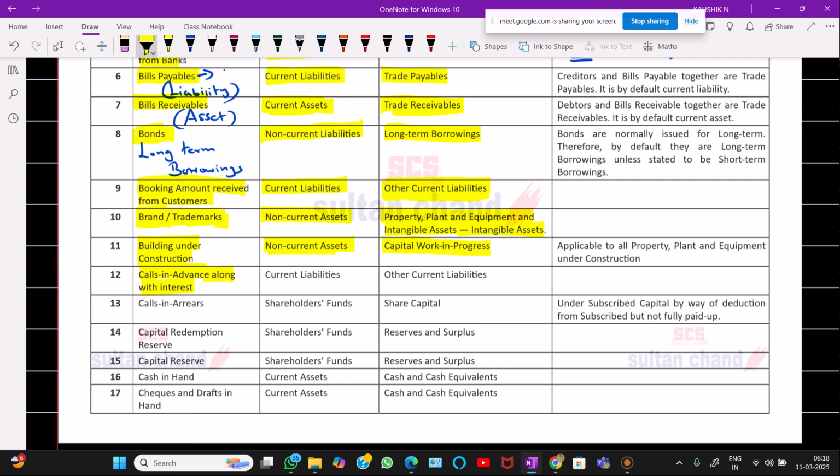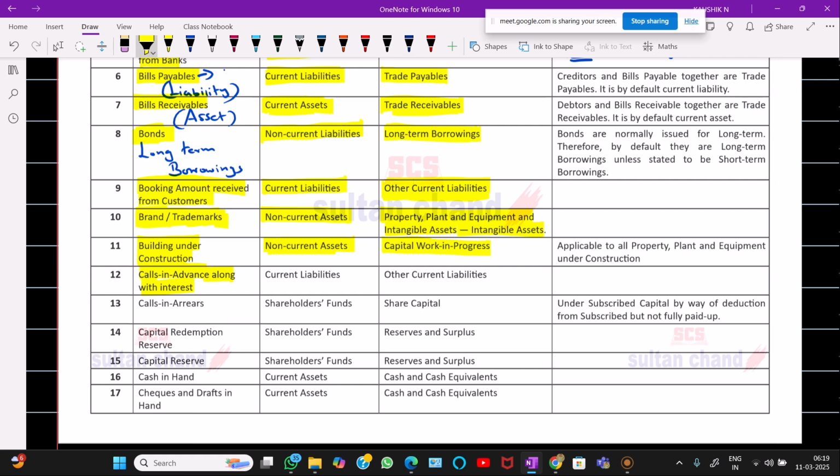So let me hold on this calls in advance and calls in arrears for some time. Of course I'll teach you, but I want to complete at least a minimum of 25 to 30 items today as a target. If I involve more in calls in advance and calls in arrears, at most I can only complete 15 items, and I will not be able to reach the planned target today.